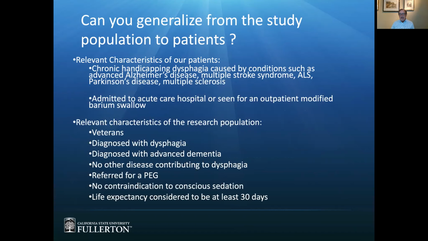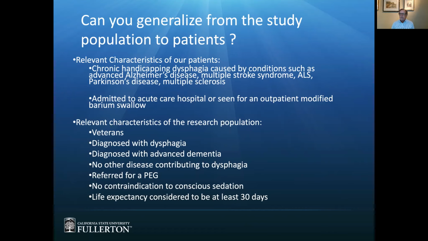Now, let's look in more detail at the population of patients in the study versus the population that I work with. These are the relevant characteristics of patients that I typically have worked with, the ones that I was interested in. They had chronic handicapping dysphagia, and you know what that means now, caused by such things as advanced Alzheimer's disease, multiple stroke syndromes, ALS, which is clearly a progressive disease, Parkinson's disease, multiple sclerosis, again progressive diseases.